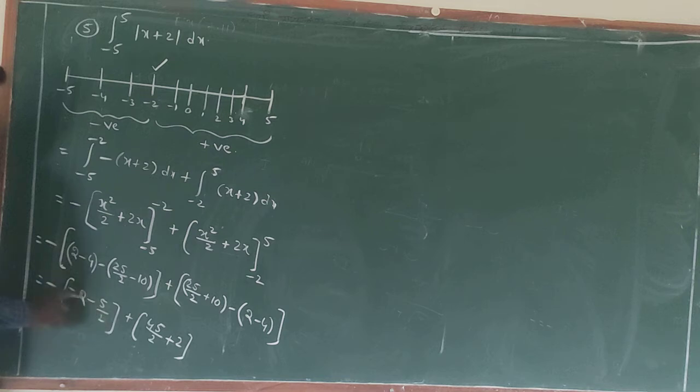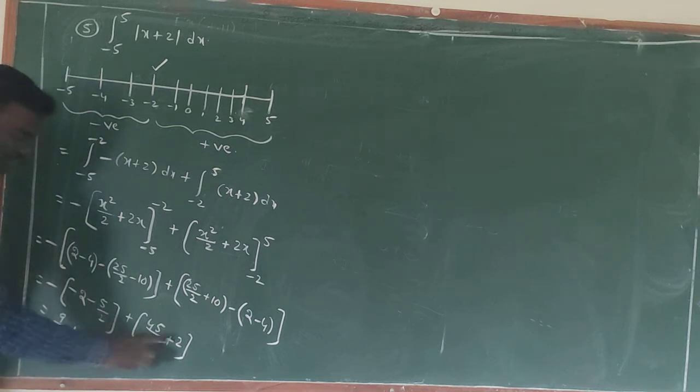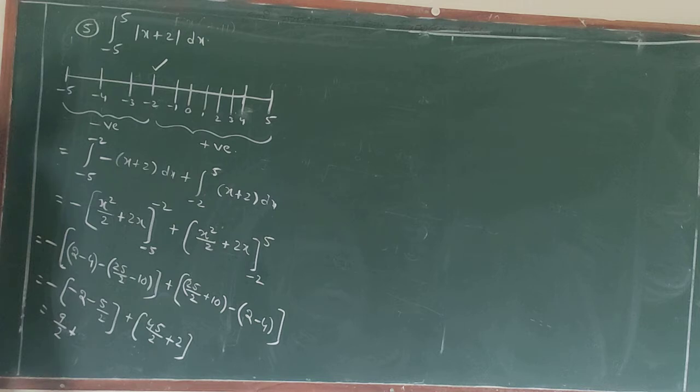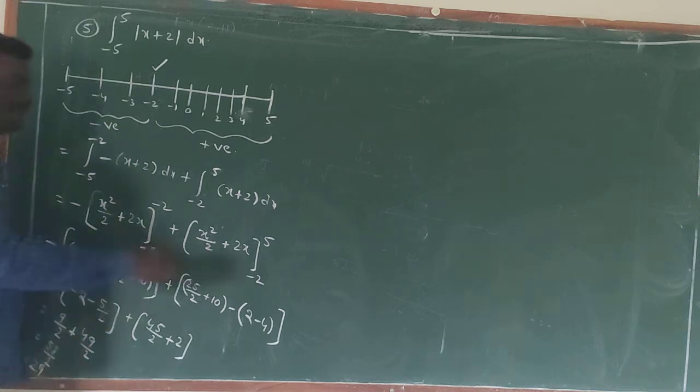Simplify: 4 minus 4 minus 5, minus 9, already minus is there, so plus 9 by 2. 4 plus 45 is 49 by 2. That is 58 by 2, that is 29. That is the answer, because 49 plus 9 is 58 by 2, which is 29.